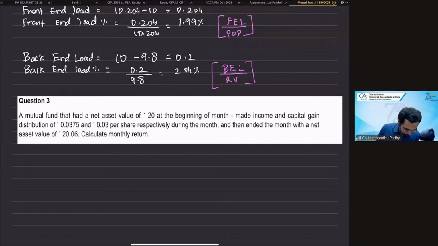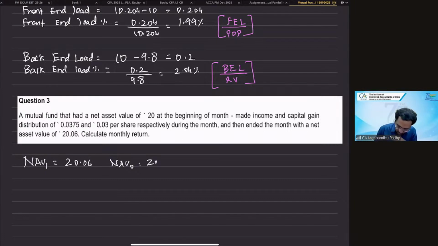Now, see, what we need is NAV in time period 1, the end of the month. What is the NAV? 20.06. What is NAV at time period 0? 20.